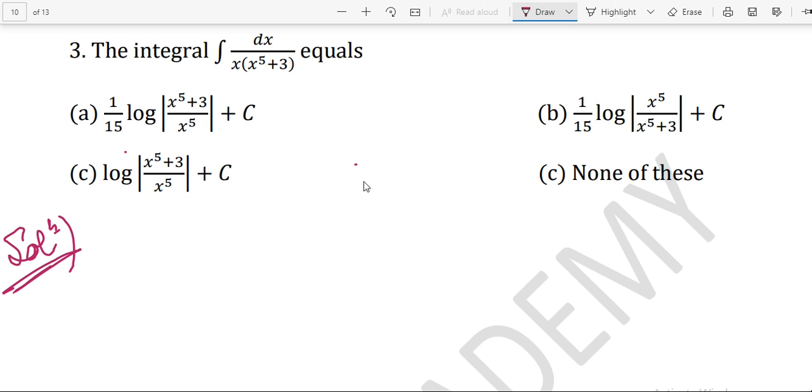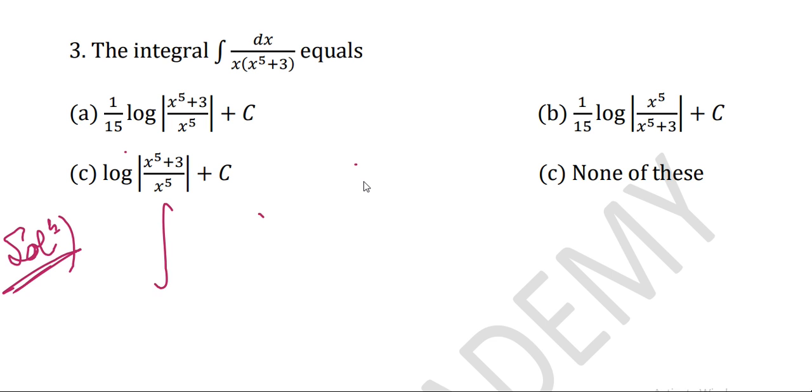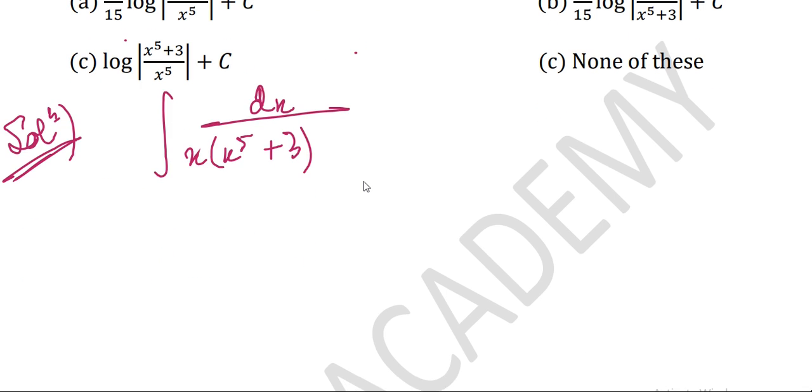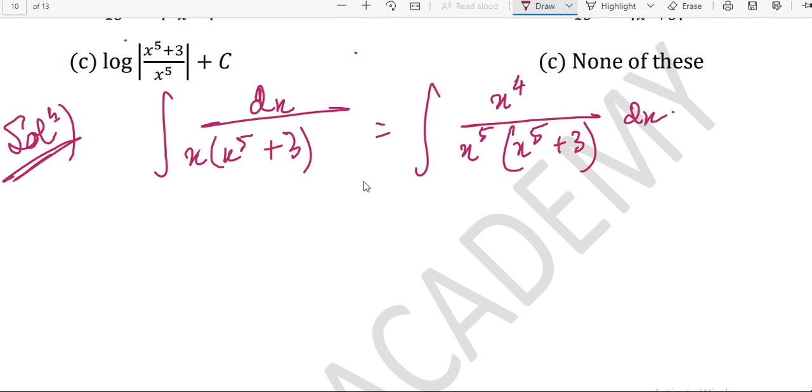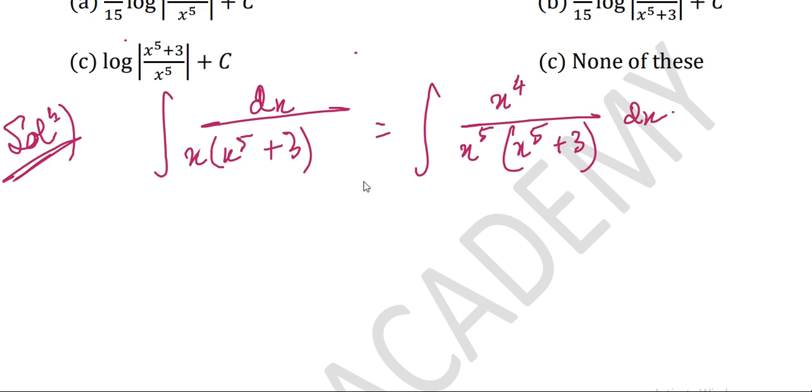We have integration of dx upon x into (x to the power of 5 plus 3). So this is integration of x to the power of 4. Now what we can do is multiply with x to the power of 4 in the numerator and the denominator to make this x to the power of 5, x to the power of 5 plus 3.